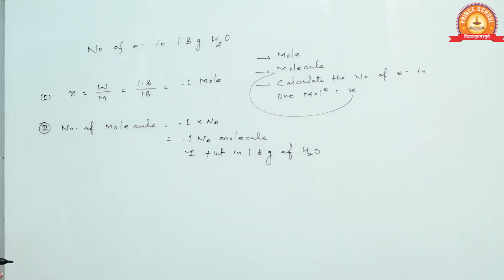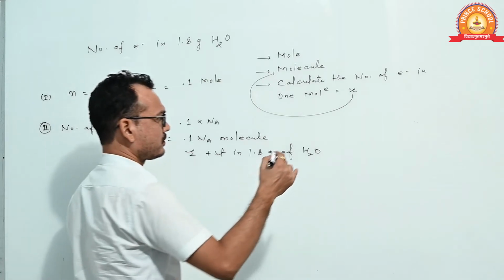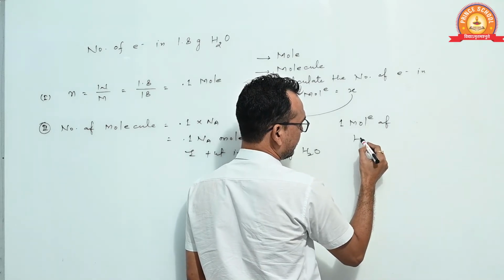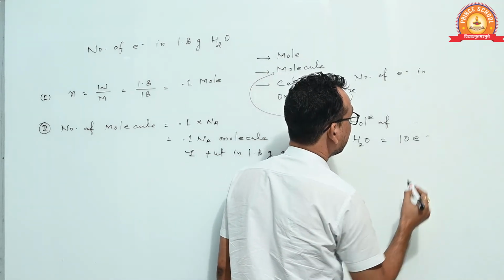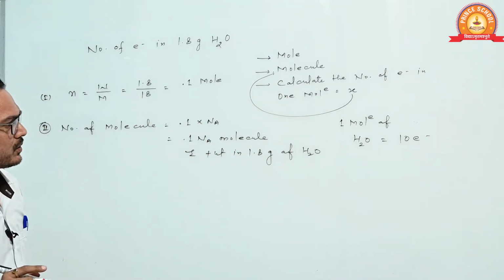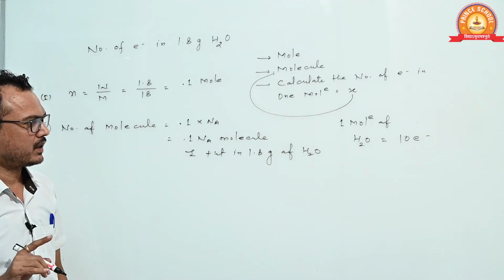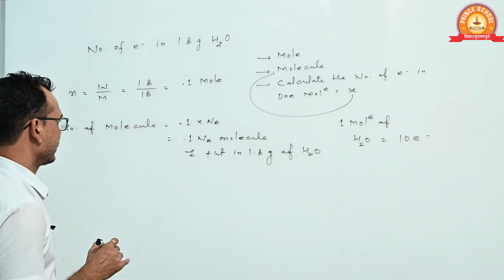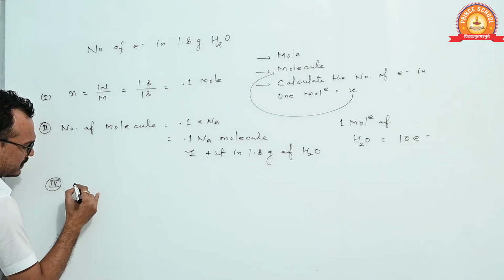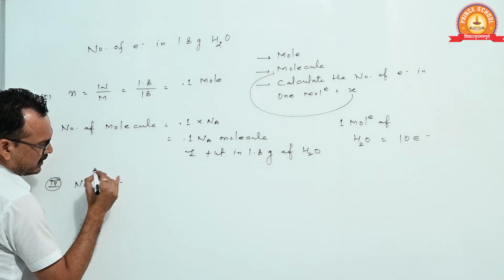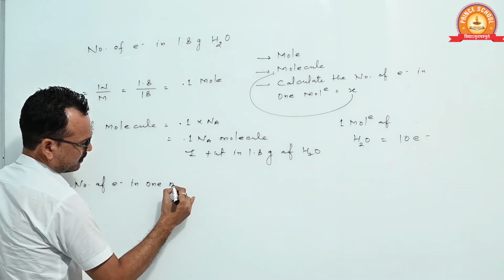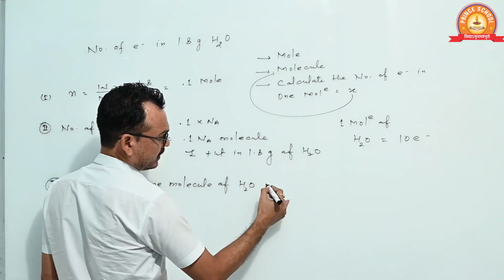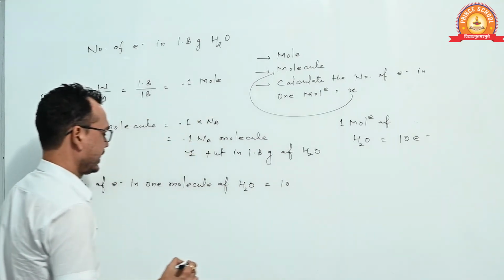Then calculate the number of electrons in one molecule. One molecule of H2O has 10 electrons. 8 electrons are present in oxygen and 1 electron is present in each hydrogen. Then it gives 10 electrons. It means the number of electrons in one molecule of H2O is equal to 10.